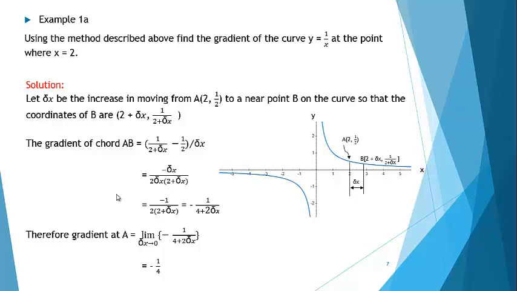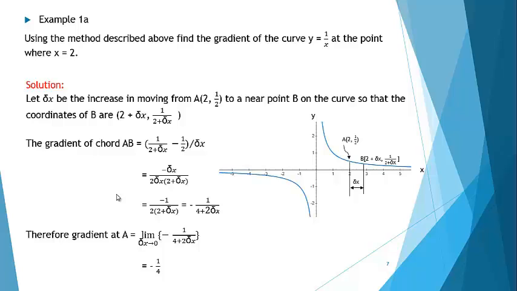Here we get the coordinates of B as 2 plus delta x and 1 over 2 plus delta x, because we are substituting 2 plus delta x in the equation y equals 1 over x, and there's an increment of delta x.